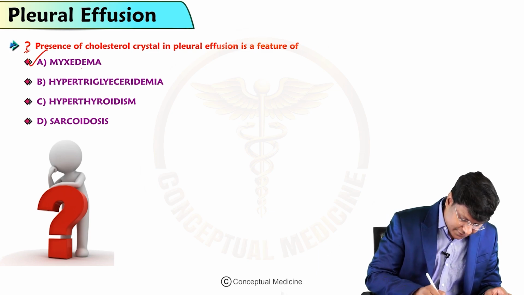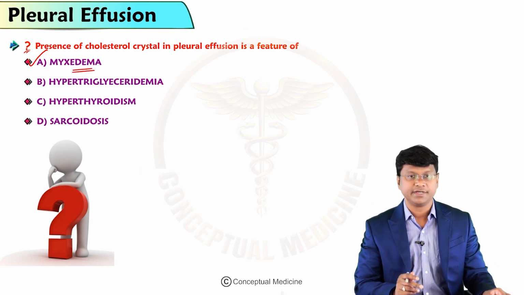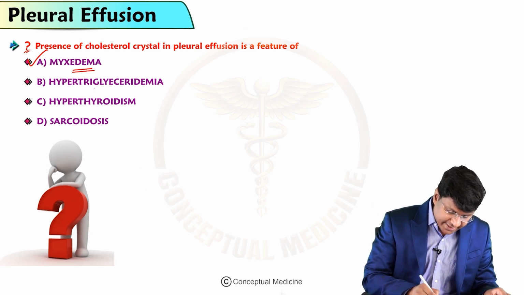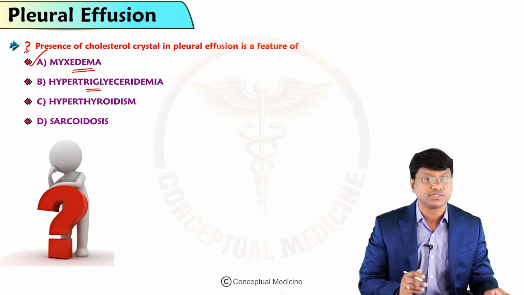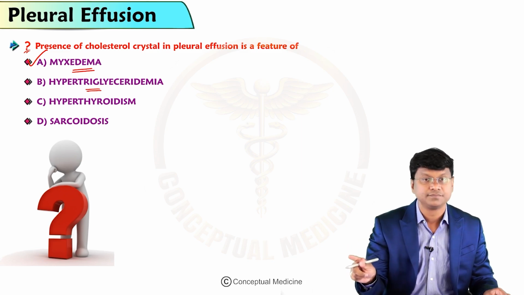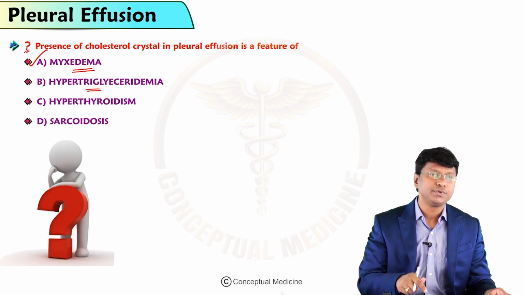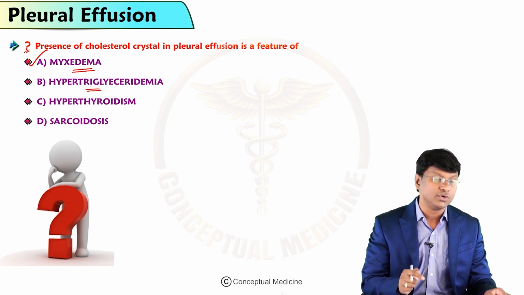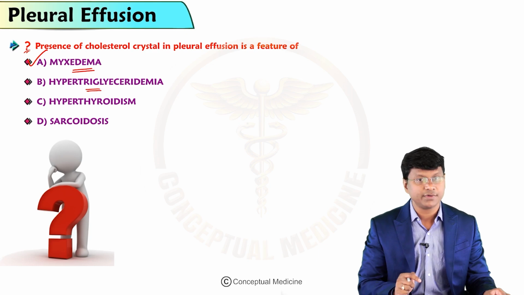So what will be your answer now? The answer will be myxedema, which is nothing but hypothyroidism. So don't be under the impression that hypertriglyceridemia will cause cholesterol crystals in pleural effusion. No. In hypertriglyceridemia, what you can have is increase in the triglycerides in the pleural fluid, but not increase in the cholesterol crystals.